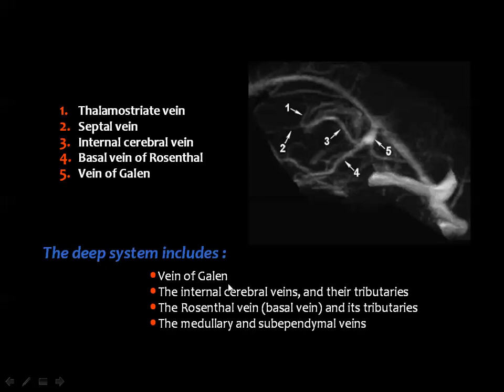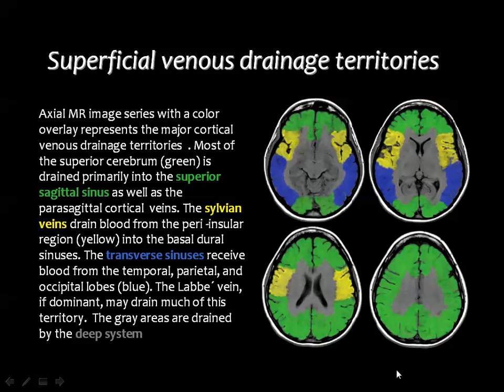The deep system includes the vein of Galen, internal cerebral veins, the deep vein of Rosenthal, the medullary and subependymal veins.